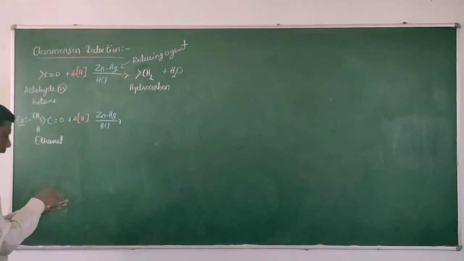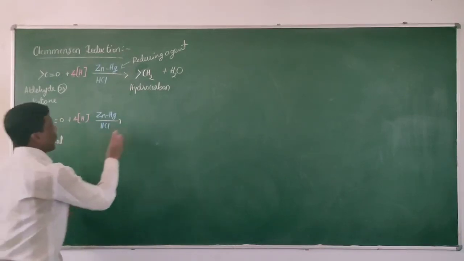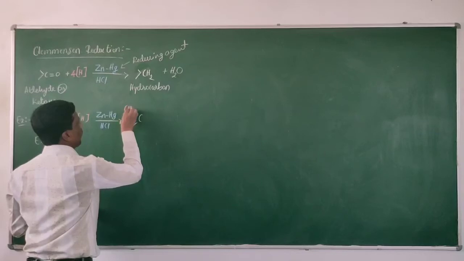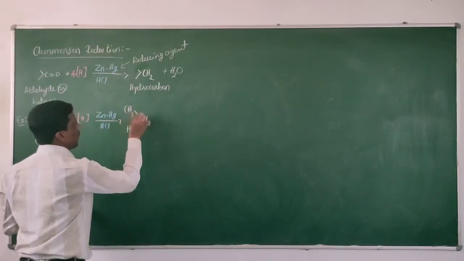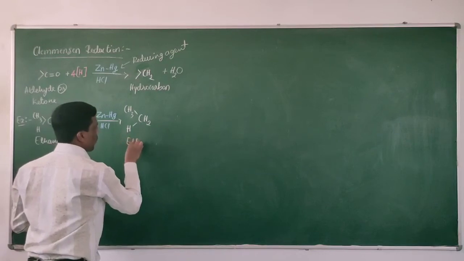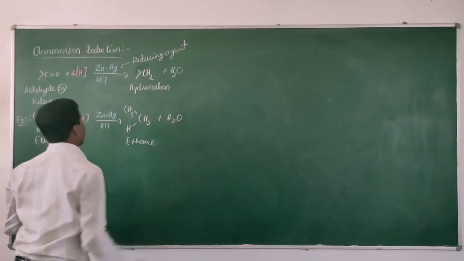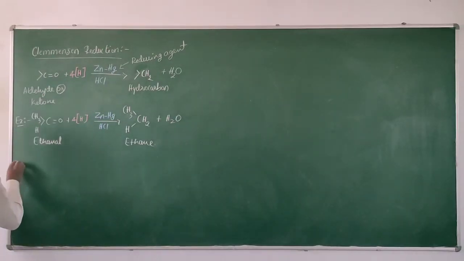Reduction takes place to form what? Convert this O into H2. What is this one? Ethane. Ethane is formed.